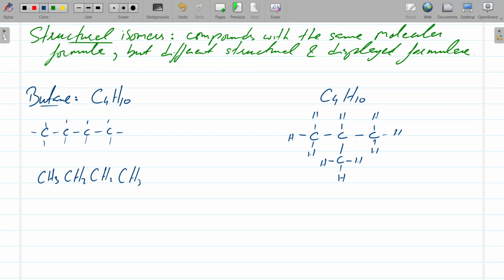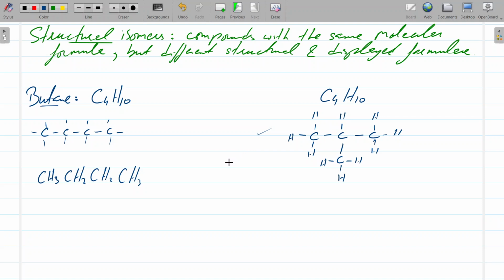So we've got 4 carbons and 10 hydrogens, right? The molecular formula is the same as butane, but when we see the displayed formula, you're like, okay, that does not look like butane, does it?